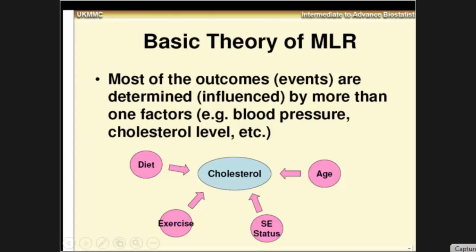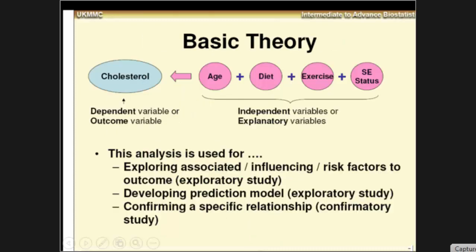So the concept of multiple linear regression is that most outcomes are determined not by one factor only, but by many other factors. When you have this scenario, you have the option of exploring how much each one of these factors contributes towards the final outcome.